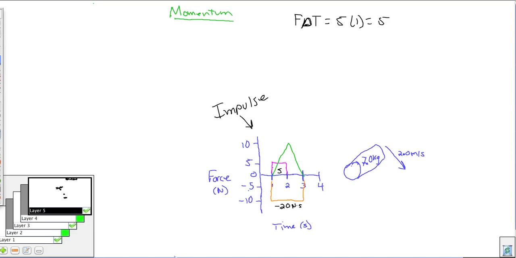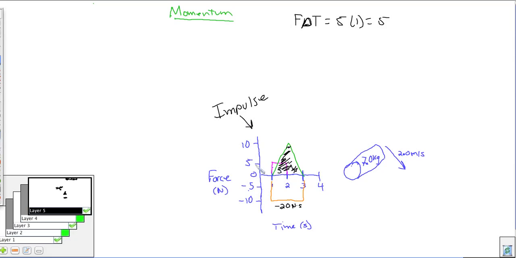Now, what about this green one right here? The green one is a triangle indicating that the force wasn't constant at 10. It gradually worked up to 10 and then gradually worked itself back down to 0, and that spanned 2 seconds. So if you have a force-time graph, what you want to look at is the area of the graph, because that equals the impulse, since impulse is force times time.